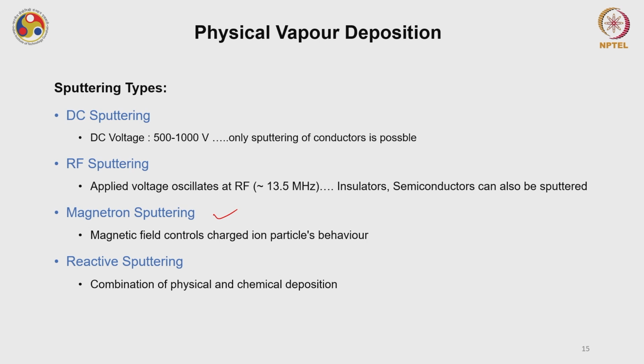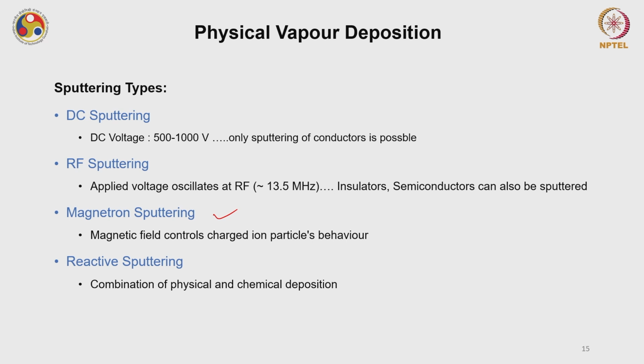Therefore we have RF sputtering, where the applied voltage oscillates at RF, particularly at 13.56 megahertz. The deposition of insulator and semiconductor is also possible by this process. Then you have magnetron sputtering, where the magnetic field behind the target controls the charged ion particles' behavior, so you have a magnetron in place.